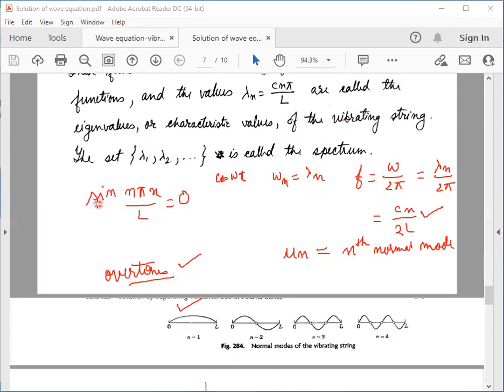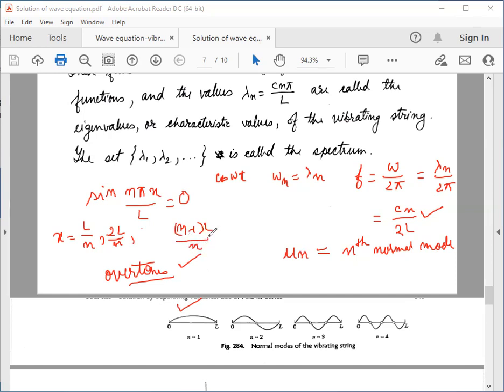It will become 0 when x is equal to L by n. Next would be twice L by n, next thrice L by n, and so on till (n minus 1) L by n.